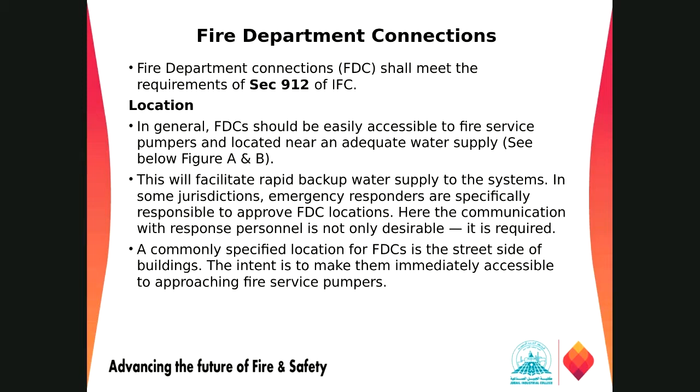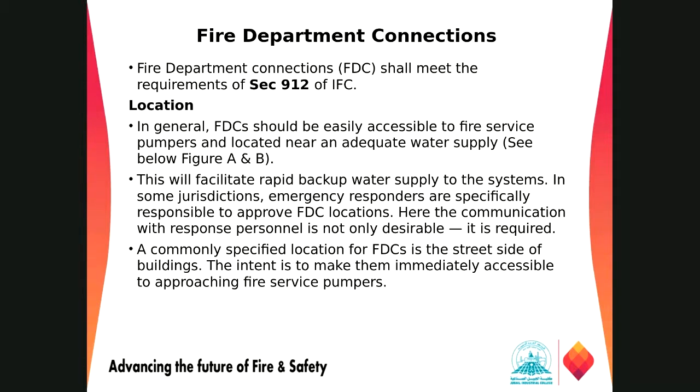So while locating the fire department connection, or if you are reviewing a plan, make sure that the location of the fire department connection is easily accessible to the fire service pumpers, and that it is located near an adequate water supply.